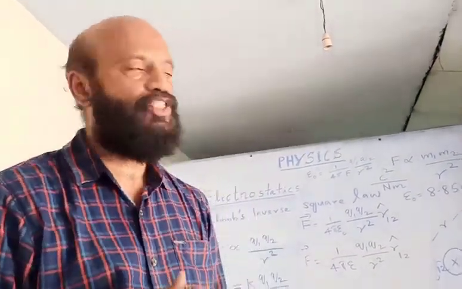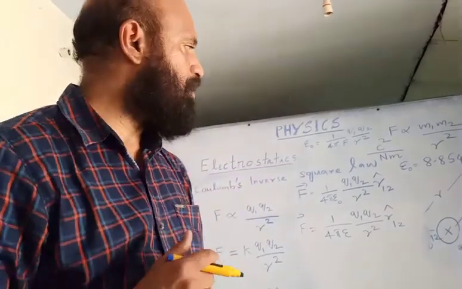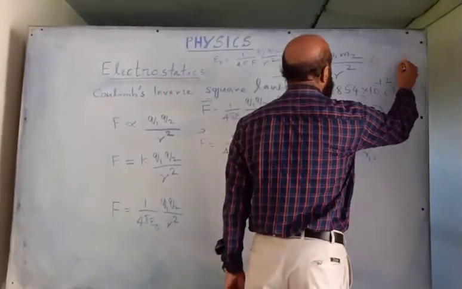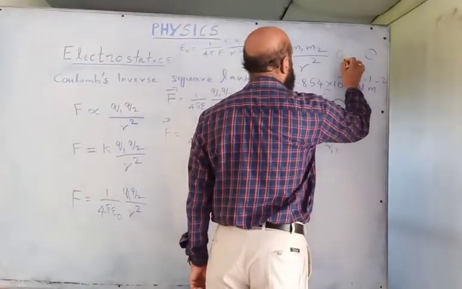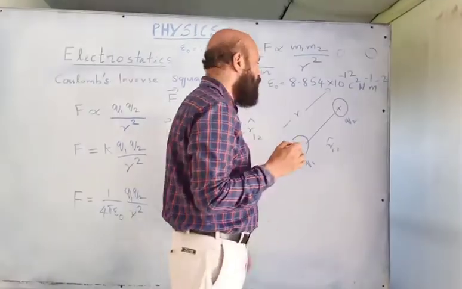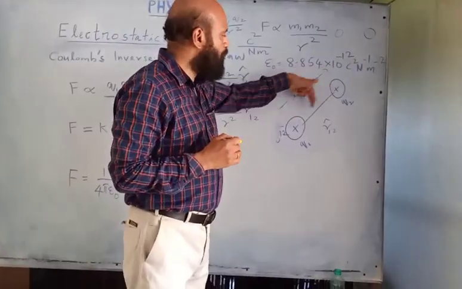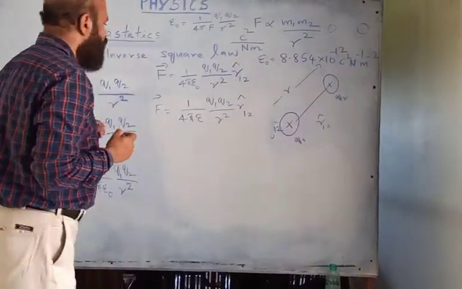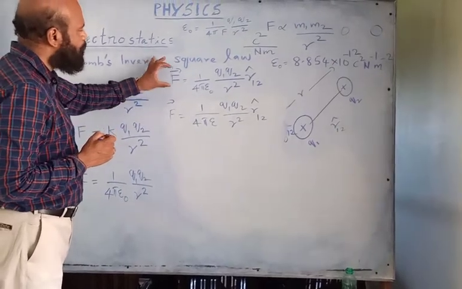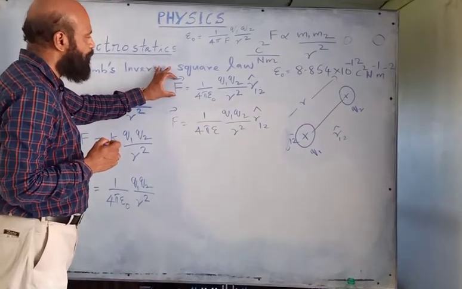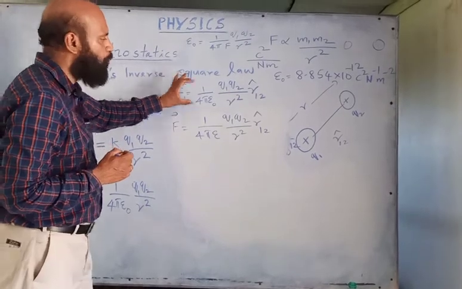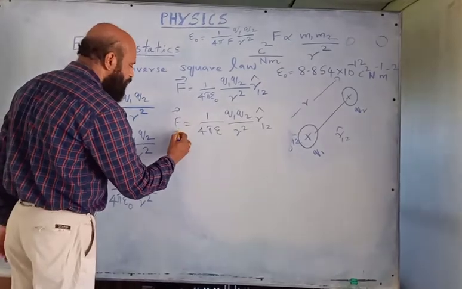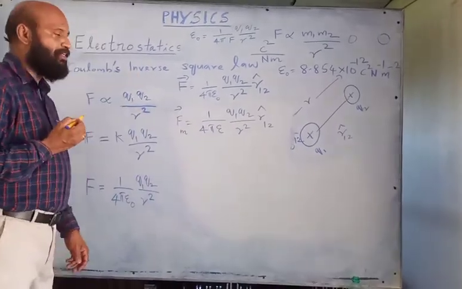This is one of the differences between gravitational force and electrostatic force. Gravitational force between two masses will not depend on the medium between the masses. But here the force will depend on the medium between the charges. This is the force experienced by the charges when they are kept in air or vacuum. This is the force between the charges when they are kept in a medium.